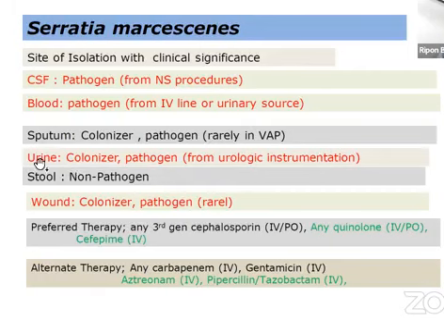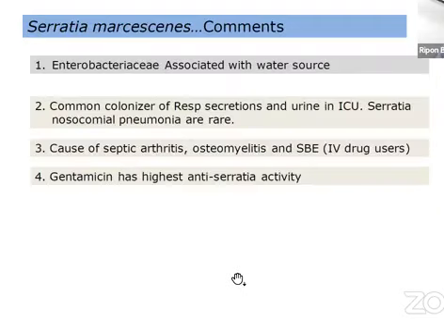Urological instrumentation causes it to be pathogenic in urine or the renal tract, UTI, and in wounds it is pathogenic in rare conditions, in immunocompromised conditions. Any third generation cephalosporin, quinolone, cefepime are preferred therapy. Any carbapenem, gentamicin, aztreonam are alternative therapy.